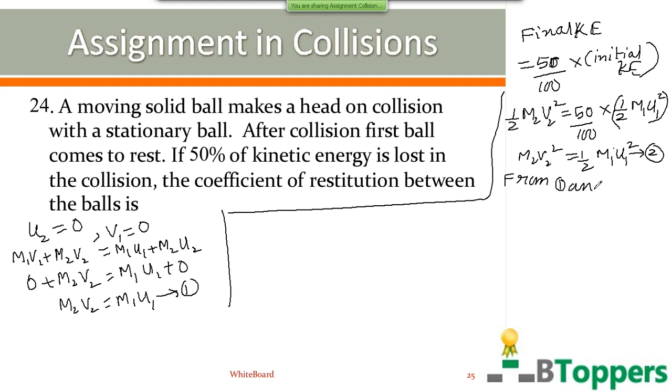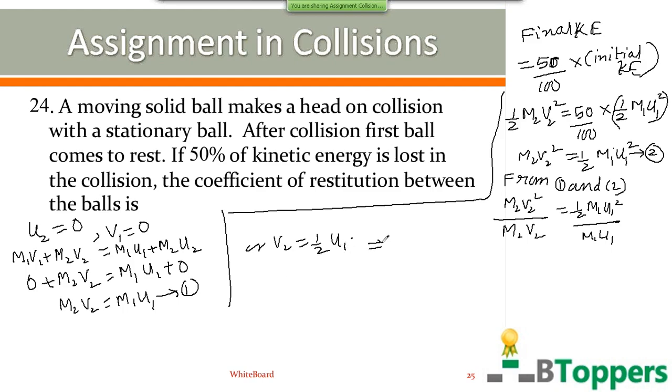So from the first and second equations, if we divide the second equation by the first, m2 v2 square divided by m2 v2 is equal to half m1 u1 square divided by m1 u1. So you get v2 equal to half of u1.